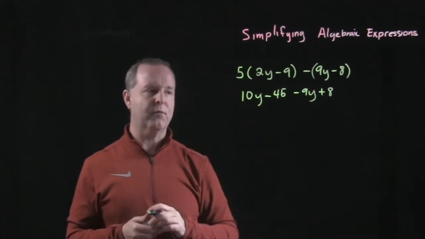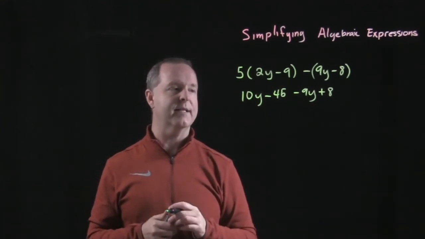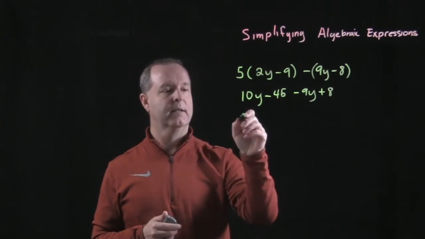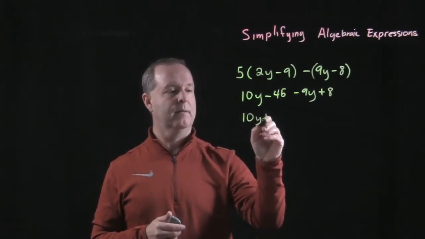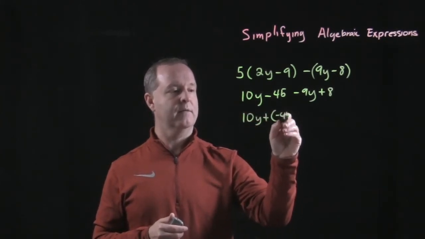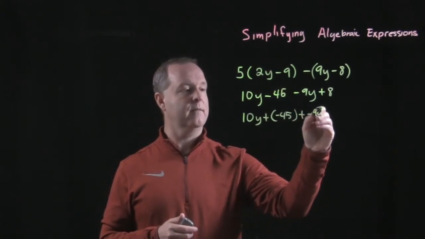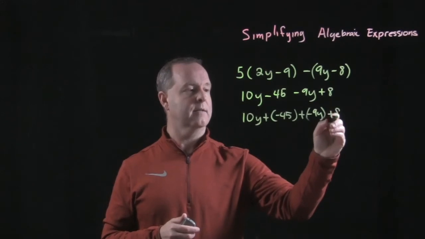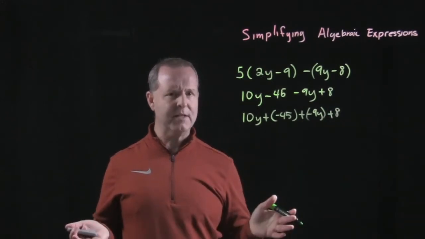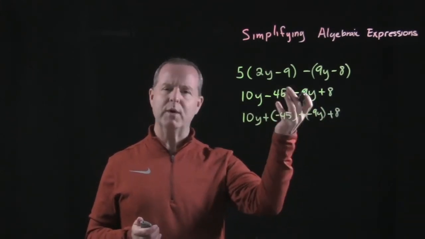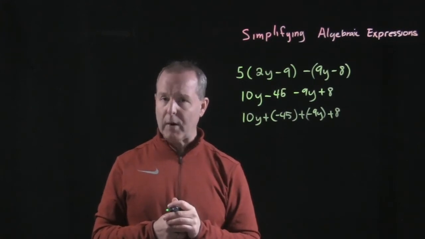But first, before collecting the terms, I'm going to rewrite everything as an addition. So 10y plus a negative 45 plus a negative 9y plus an 8. Now, why did I have to do that? Why couldn't I have just switched those two terms around already?